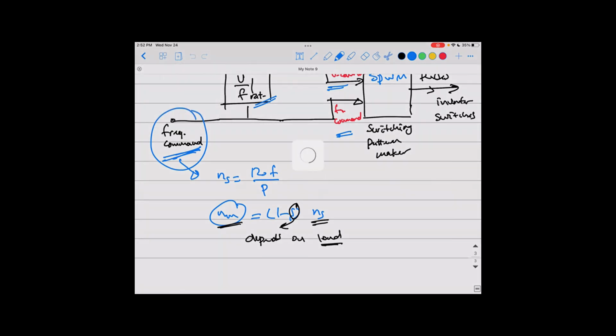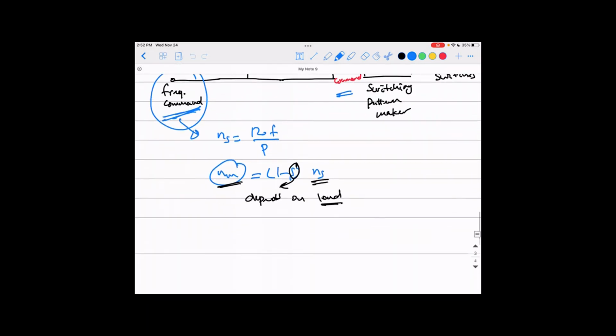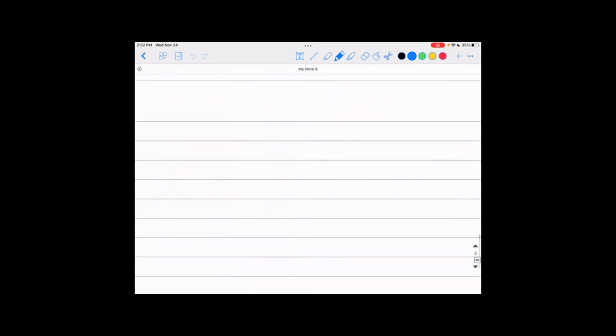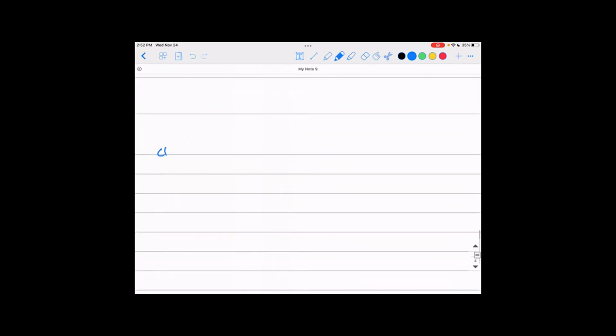That's why, if you want your speed to be strictly at some value and not change, we need to go with what we call a closed loop control scheme. You should have seen this in your basic control courses.